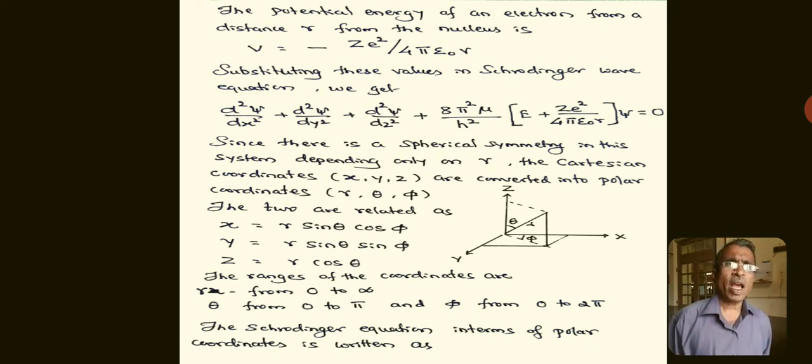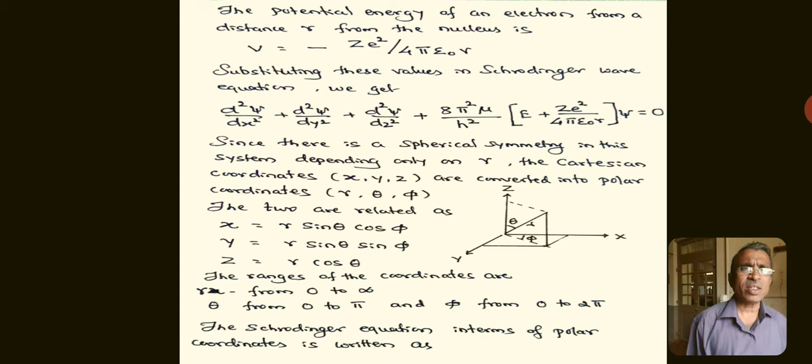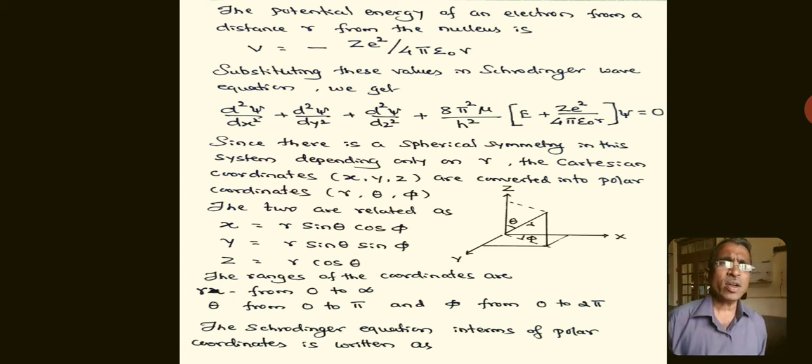If the nucleus is at the center of the x, y and z axes and the electron is at a distance r from the nucleus, it makes an angle theta to the z axis and an angle phi to the x axis.